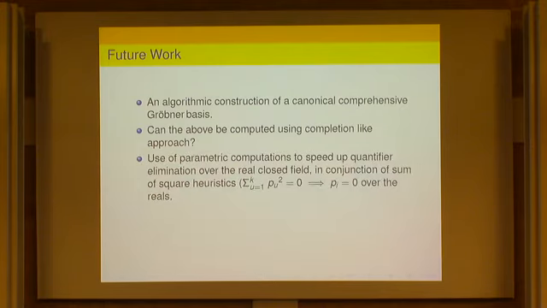Okay, so this is the thing that I thought I'd mention in the last few minutes. How do we go about using this stuff for speeding up quantifier elimination over the reals?